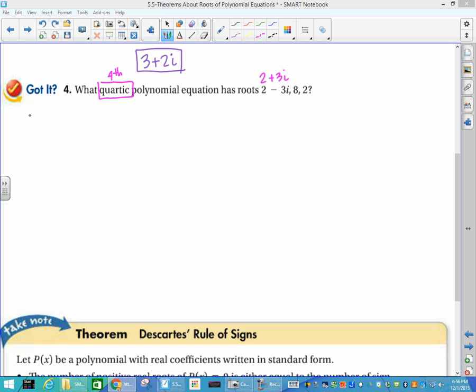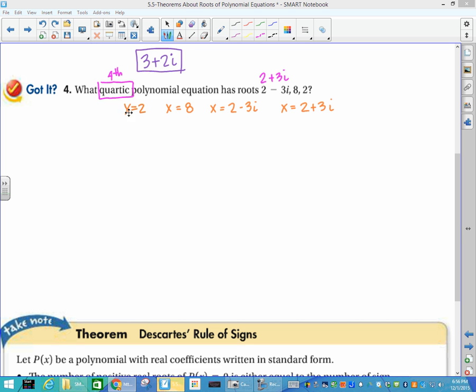Let's go back to what we've said. This tells us we have x equals 2, x equals 8, x equals 2 minus 3i, and x equals 2 plus 3i. This is what we've done before.